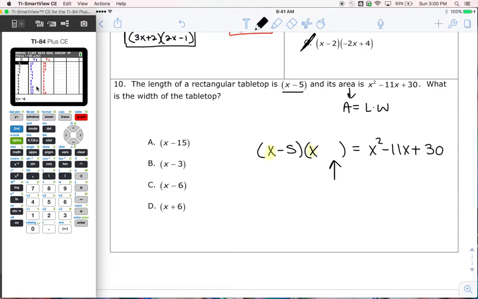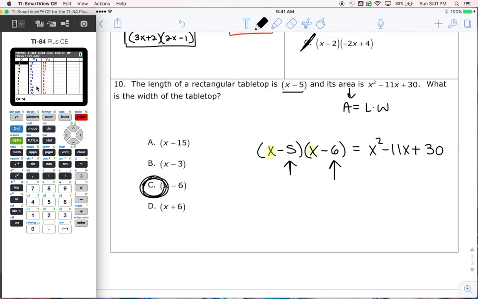Well, I want you guys to notice that I already have a negative 5, right? So a negative 5 times what will give me this positive 30? Because we know the number on the end is what we multiply to get. Well, a negative 5 times a negative 6 will give me that positive 30. So my answer choice here should be C.